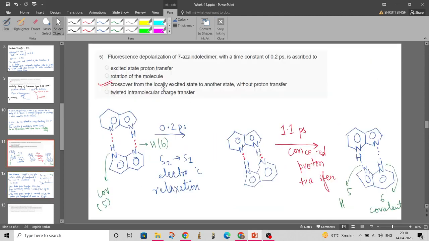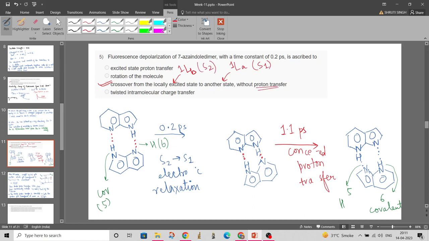Okay, so the answer should be clear now that it is not due to the proton transfer. There is no charge transfer here, not due to the rotation. The rotation was for the higher time scale, 0.12 picosecond. In the faster time scale, it is the crossover from the locally excited state, 1LB, to another state, which is 1LA, or the S1, without the proton transfer.